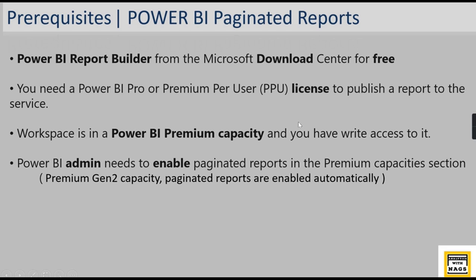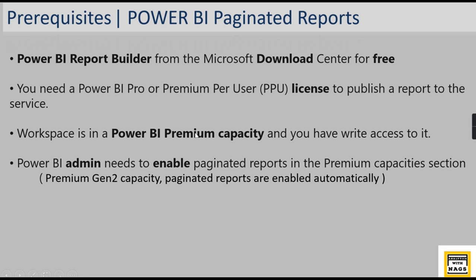So if you are not a Premium capacity user, you cannot use your paginated reports for sharing and collaboration, but you can still use it as a standalone report, meaning you can use it for your own purposes within your system itself. That is possible.